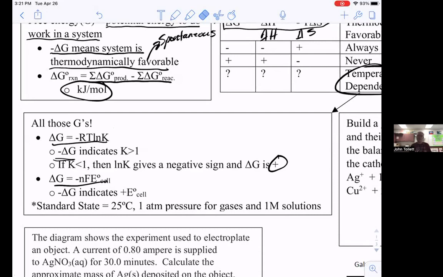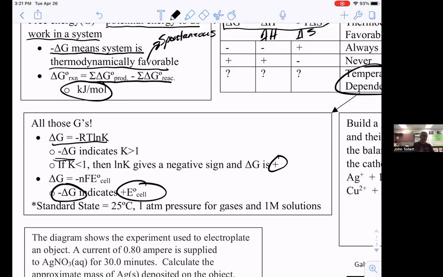If your cell potential is positive in negative n, the number of moles of electrons, times your Faraday's constant times your cell potential, your delta G will be negative. If you have a negative value for delta G, that means your voltage is going to be positive. Both of those will indicate a thermodynamically favorable, or spontaneous, reaction.